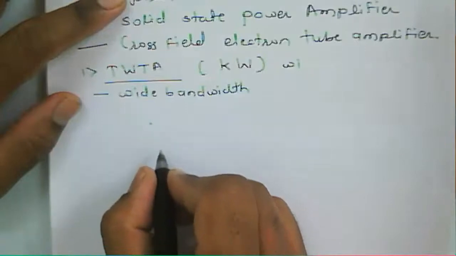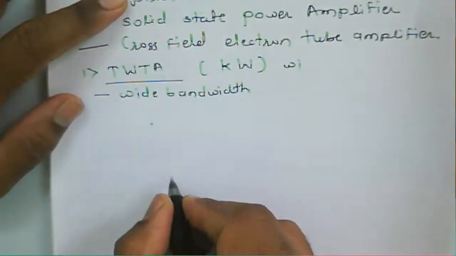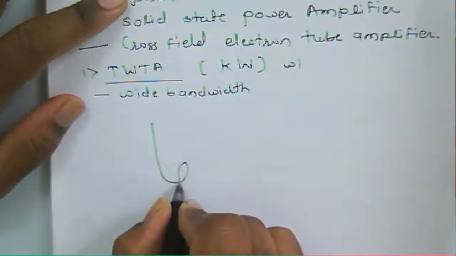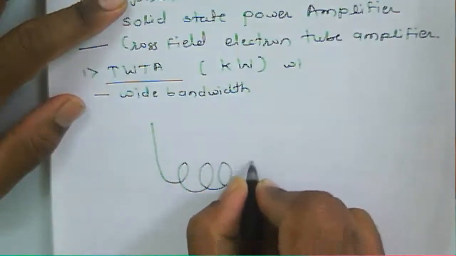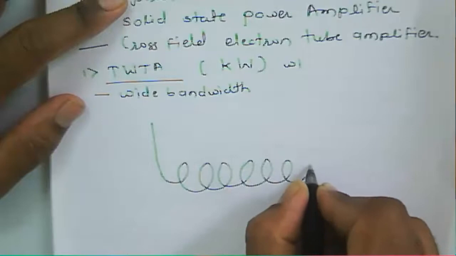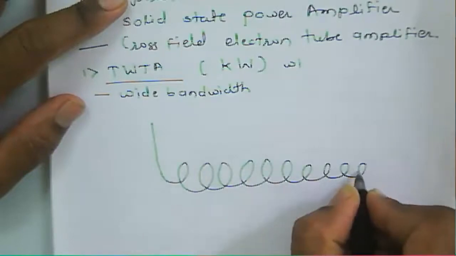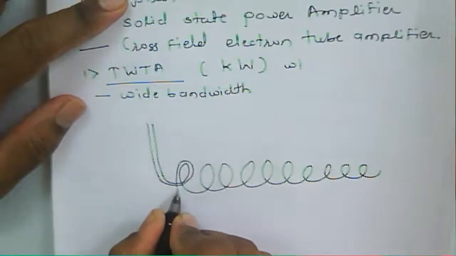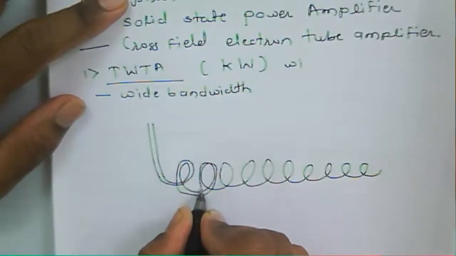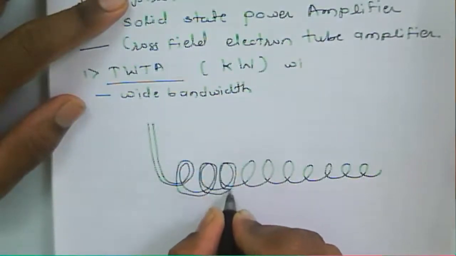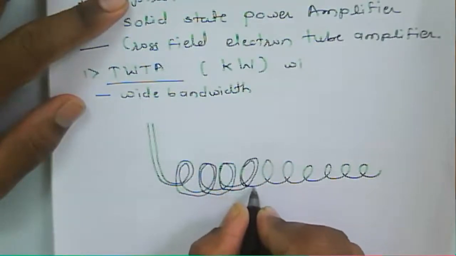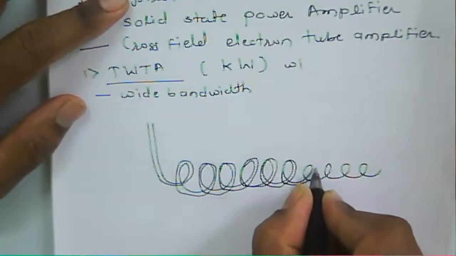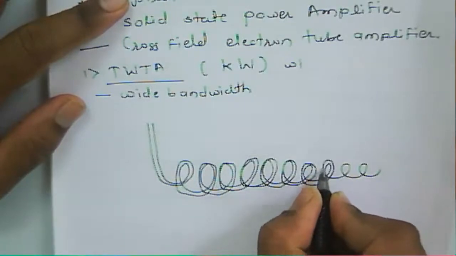The slow wave structure can be helical, zigzag, or anything else. This is a tube, and the signal propagates through this tube.